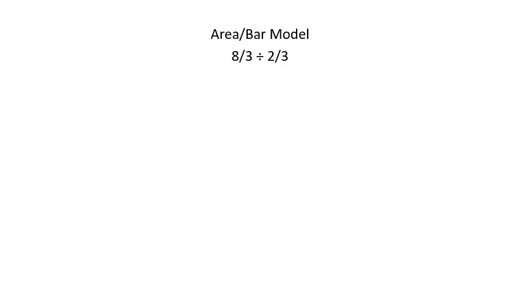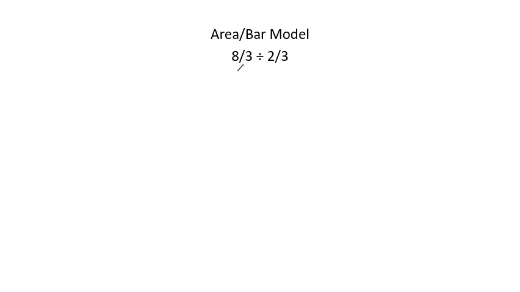So here's our first problem from 6.4, which was 8/3 divided by 2/3. And we did that in the 6.4 slides by looking at it in terms of the measurement model and counting off these groups of 4/3. Now, in this partitive model, we want to know how many there are in one full group.